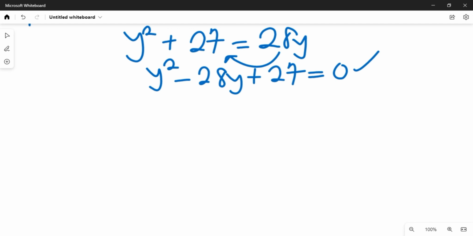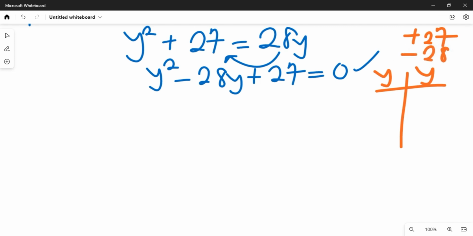Now we are given two values. We have our y and we have our y. We're going to look for two values. We will multiply to give us plus 27, and when we add the numbers, we're going to have minus 28. What are these two values?